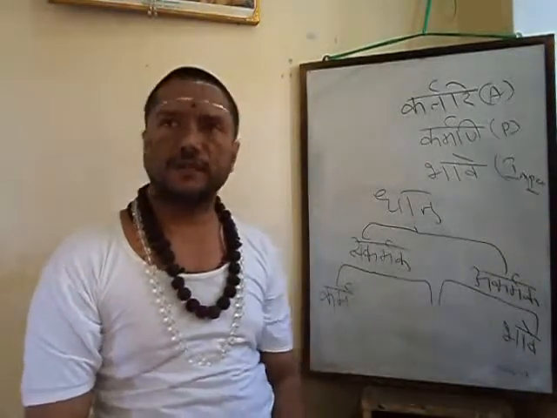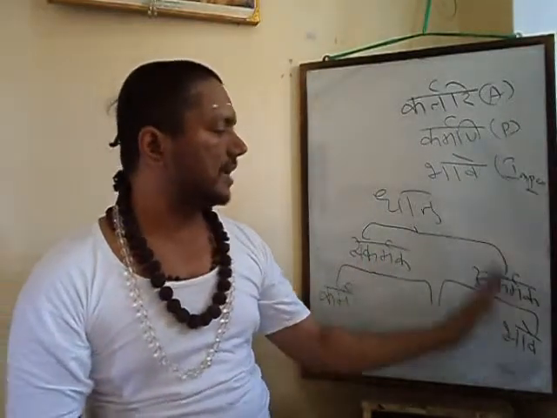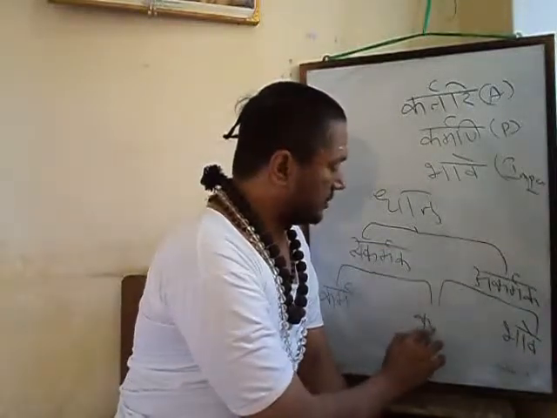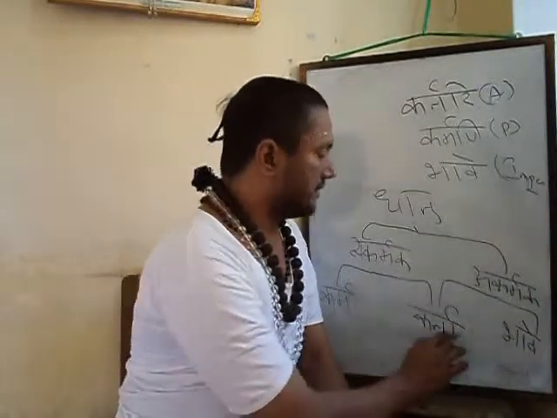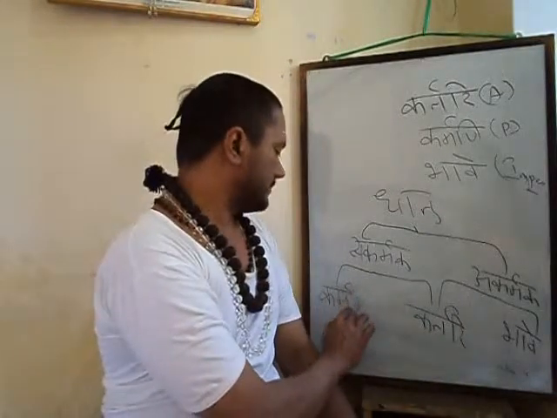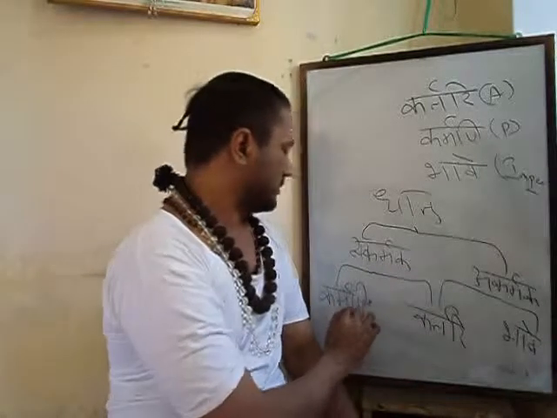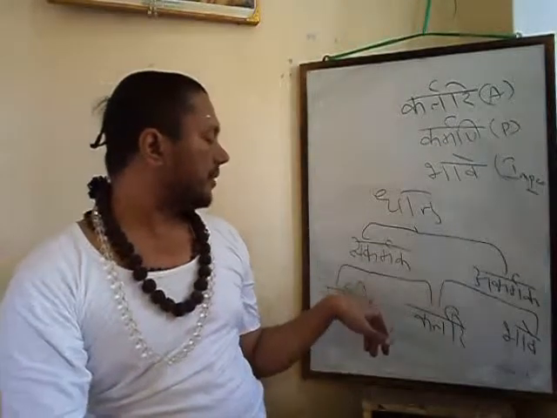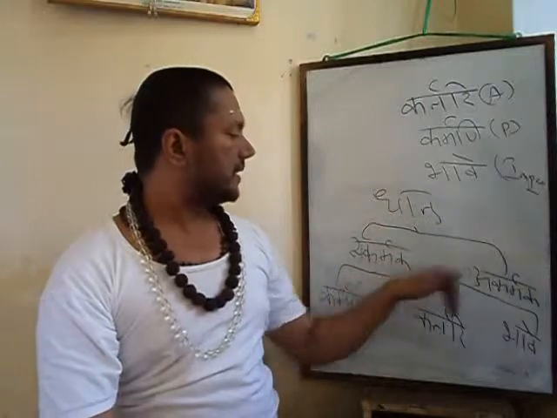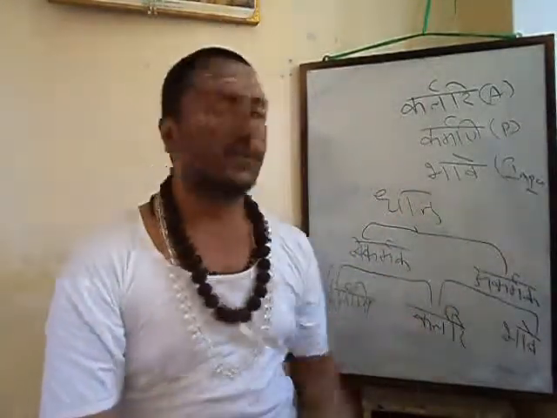This is a special case. Only the sakarmaka dhatu can be used in karmani and akarmaka dhatu can be used in bhave. But sakarmaka and akarmaka dhatu both can be used in kartari. Sakarmaka dhatu can be used only in karmani. Akarmaka dhatu can be used only in bhava prayoga. Sakarmaka and akarmaka both can be used in kartari prayoga.